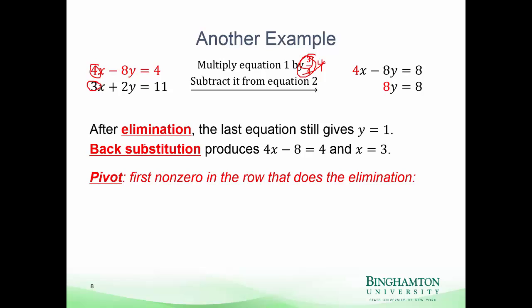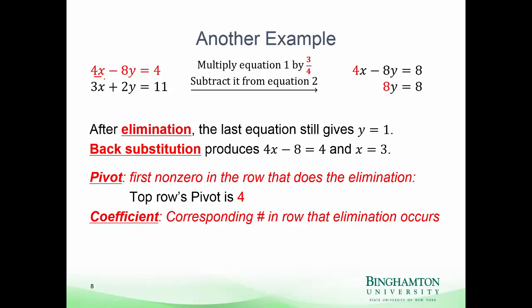So the pivot, again, we define to be the coefficient on the first row that is the first non-zero coefficient. So in our case, that's putting the variables or the terms in order. We've got x and y. So we've got 4x, so 4 is going to be the pivot for this step. So the top row's pivot is 4, and then the coefficient is going to be the corresponding number in the equation where the elimination is going to occur.